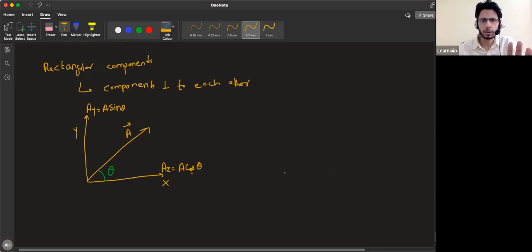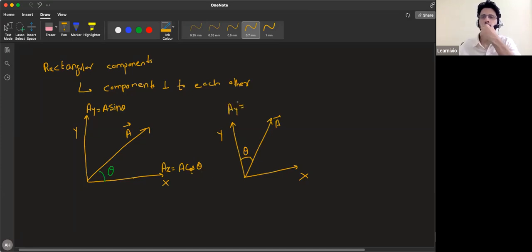Okay, so if I ask you to do it this way: this is the x-axis, this is the y-axis, this is vector A, and I call this angle theta. Hiba, what will be the y component AY?